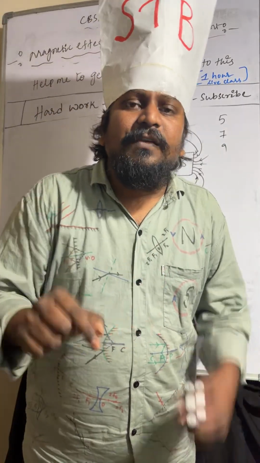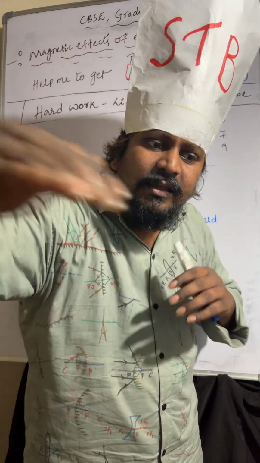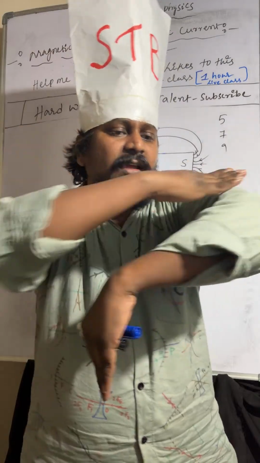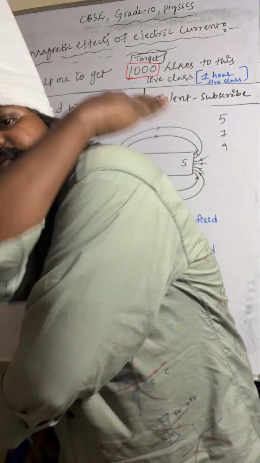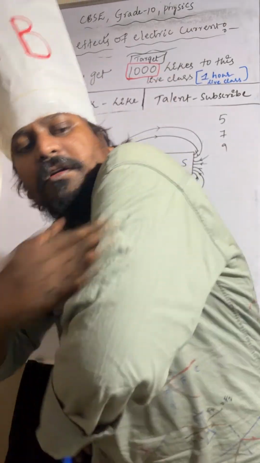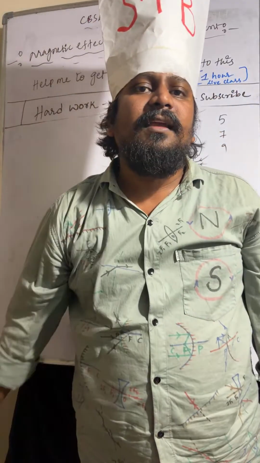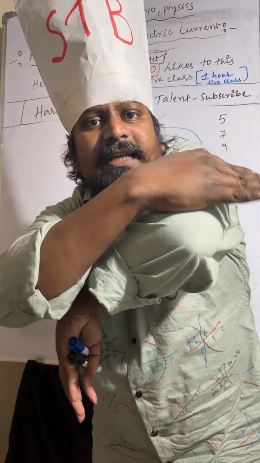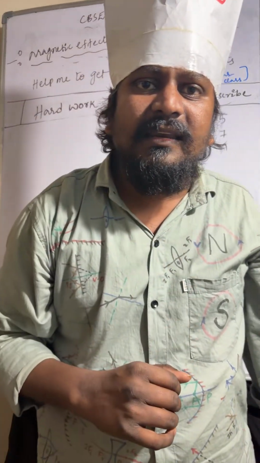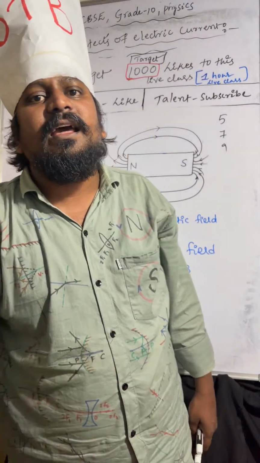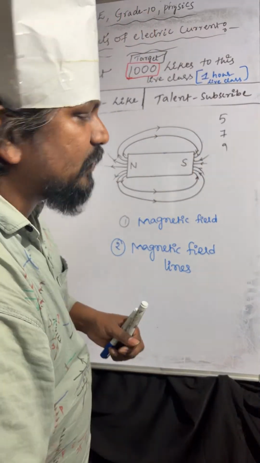So there is one point: if you draw the tangent to the magnetic field line at that particular point, along that particular direction. So here you can see along this particular direction.